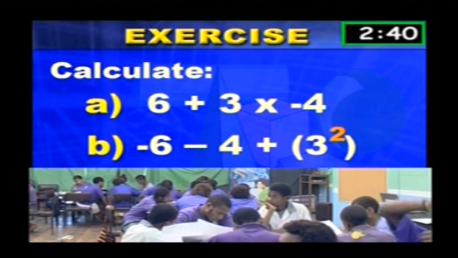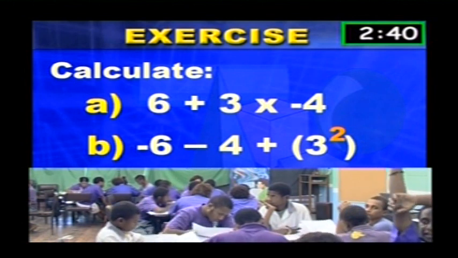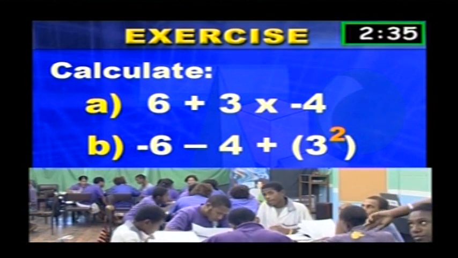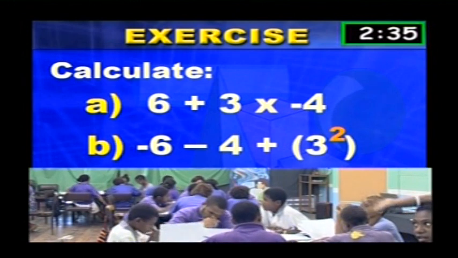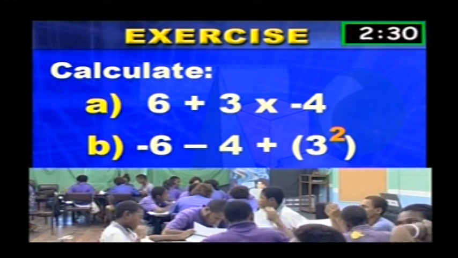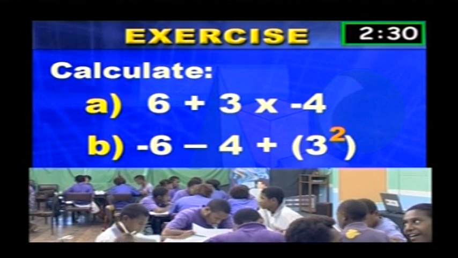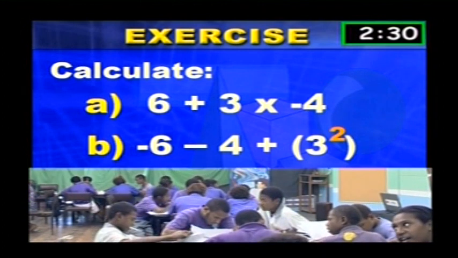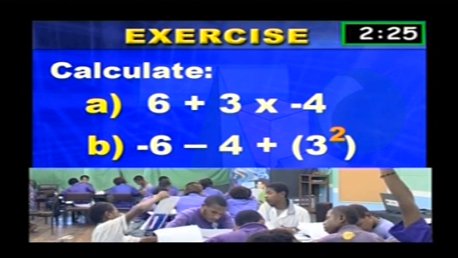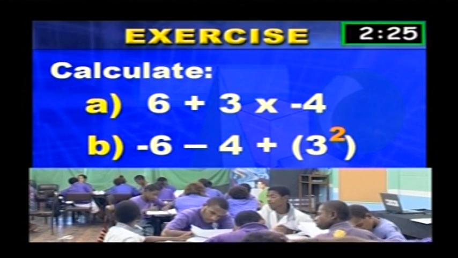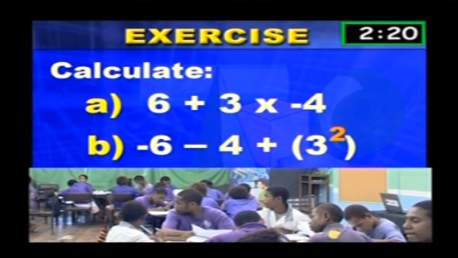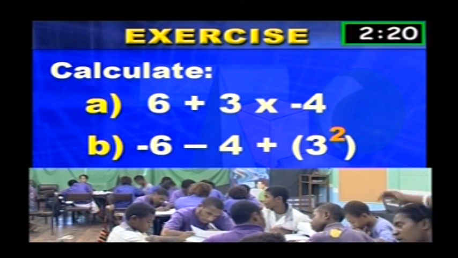From your rule number 3, you have 6 plus 3 times negative 4. You group this because it has a multiplication sign.